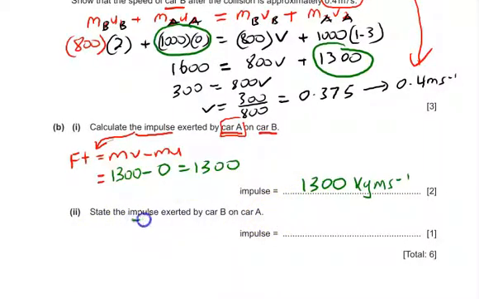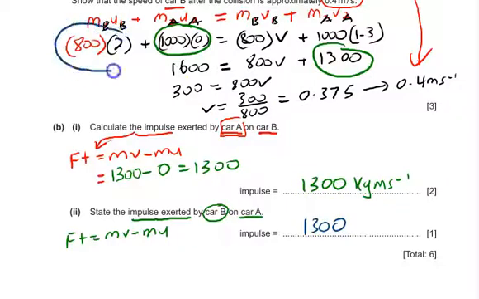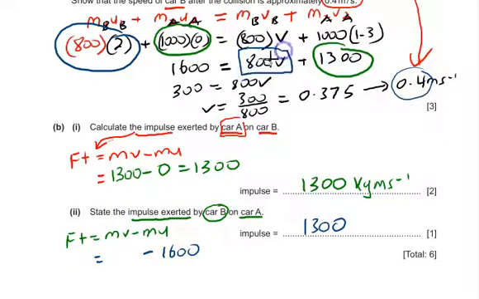Now state the impulse exerted by car B on A. Now the same thing here. I'm going to use a blue color as the indicator. It should be the same as the previous answer. This is your U, so here will be about 1600, and the final 0.4 multiply with 800. We are going to use this.